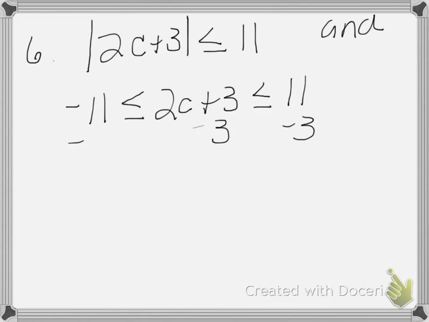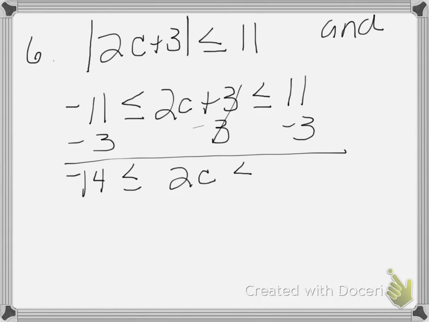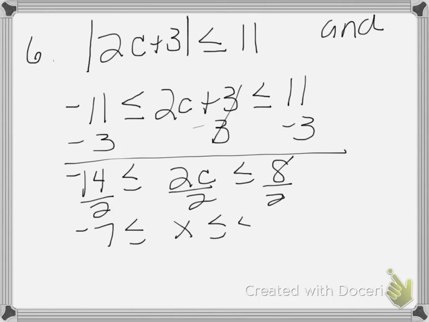Subtract 3 on both sides. It's negative 14 is less than or equal to 2x is less than or equal to 8. Divide by 2. So that's negative 7 is less than or equal to x is less than or equal to 4.